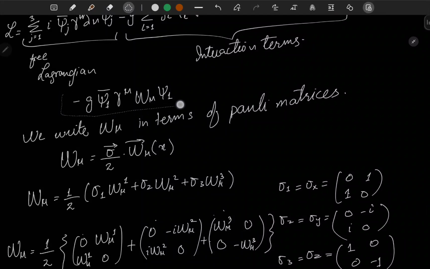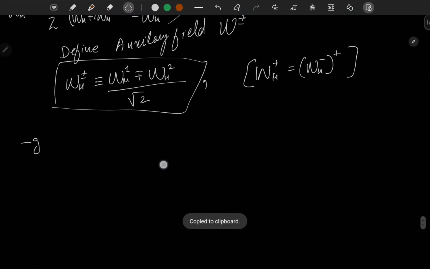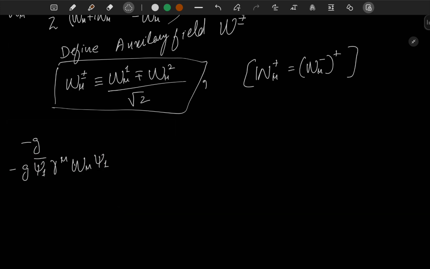Let's copy it from here, paste it right here. So psi1 is a doublet, sorry, q down, and here it's psi bar, so it will be a row matrix.